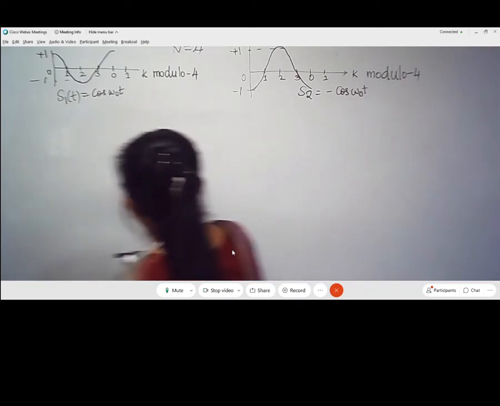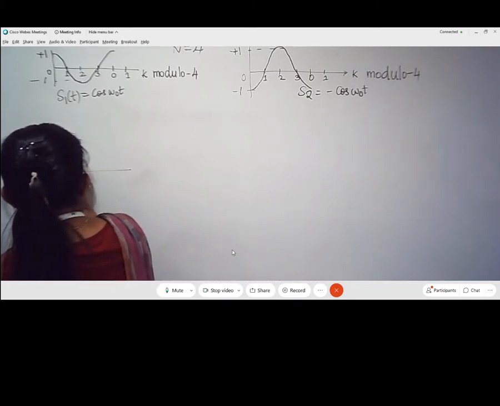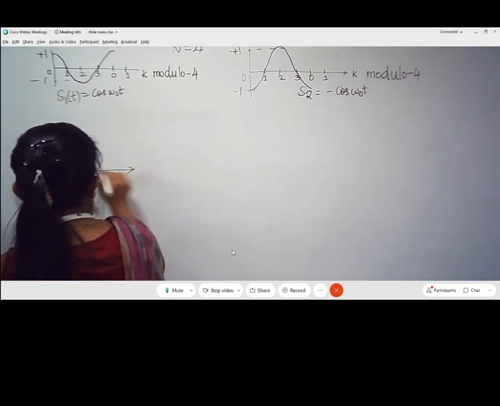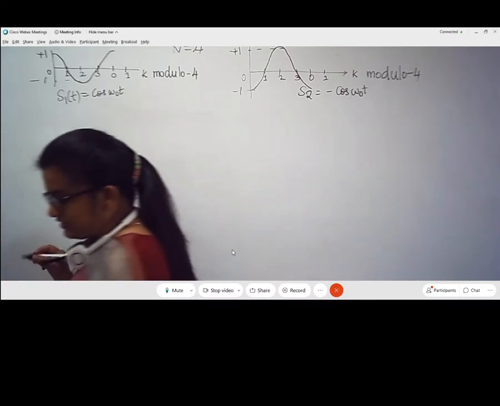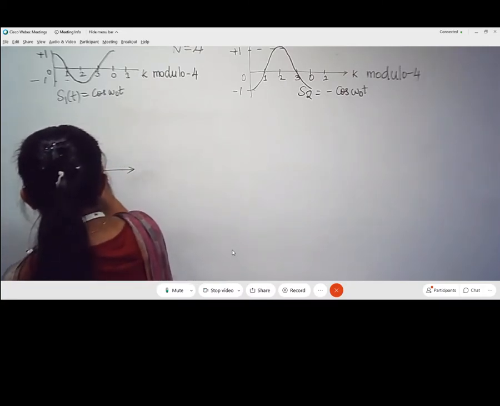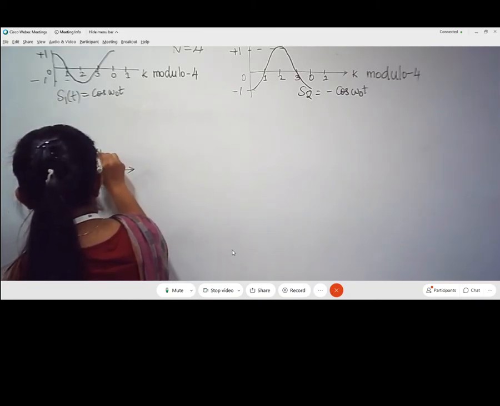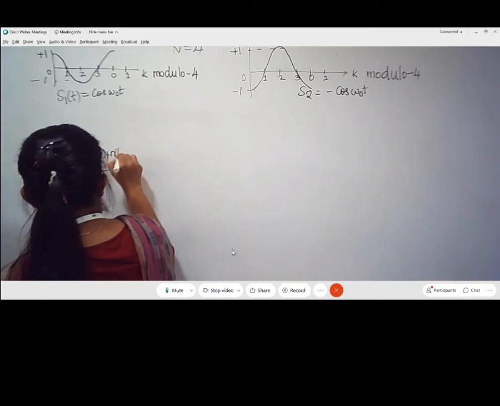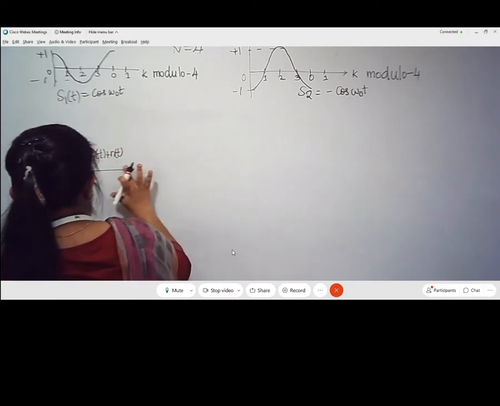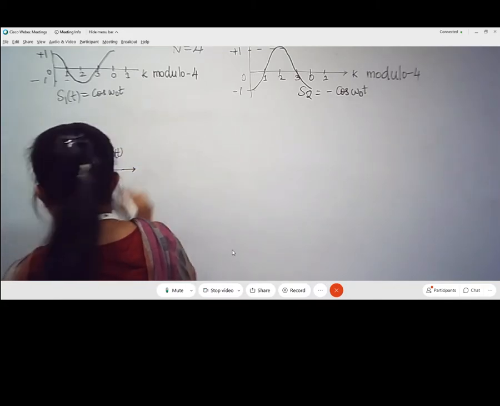Now we will try to construct the sample matched filter, or the discrete time realization of our matched filter, or a correlator receiver. R of t will be continuous in nature when it is obtained. It consists of your symbol plus noise.